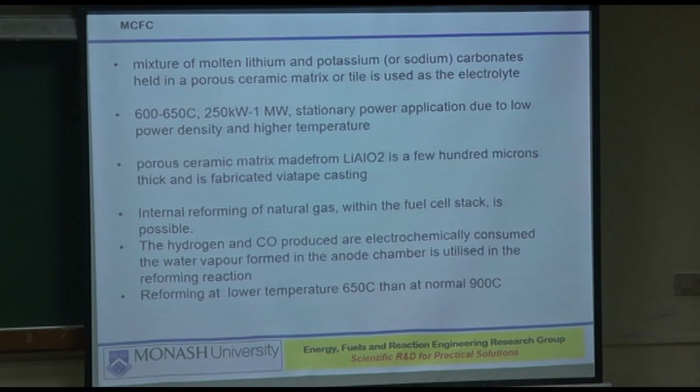So that possibility actually allows the reforming in situ of the natural gas to take place at a lower temperature, about 650 or so. If you recall yesterday when we were discussing natural gas reforming, methane reforming with either steam or CO2, we are looking at 900 degrees, right?